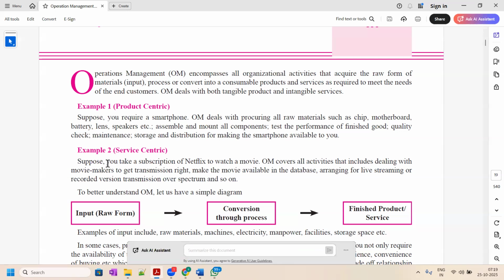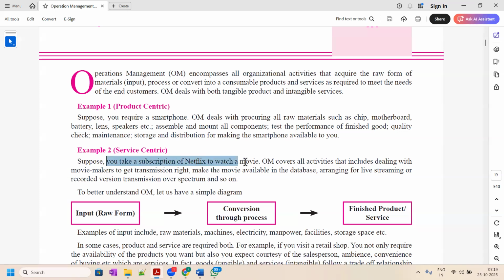here the example is given of Netflix. Okay, suppose you take the subscription of Netflix to watch movies. Operation management here covers all the activities, including dealing with movie makers to get the transmission right. So imagine you are trying to subscribe to Netflix. What would be the process of operation management?